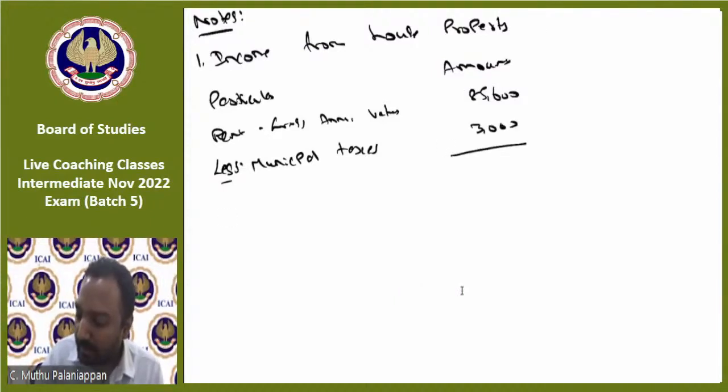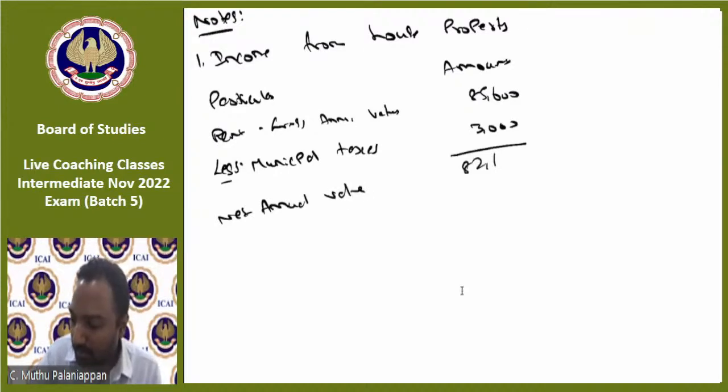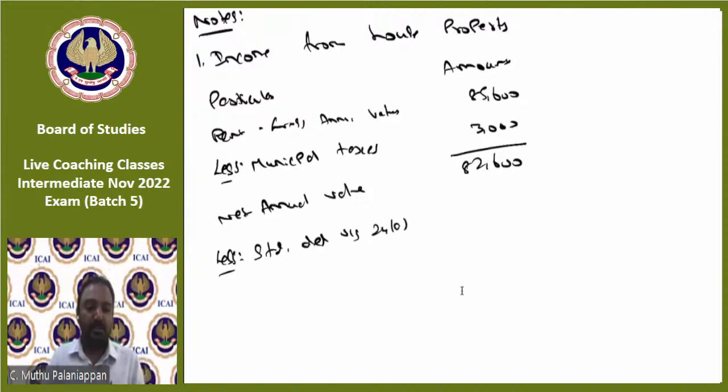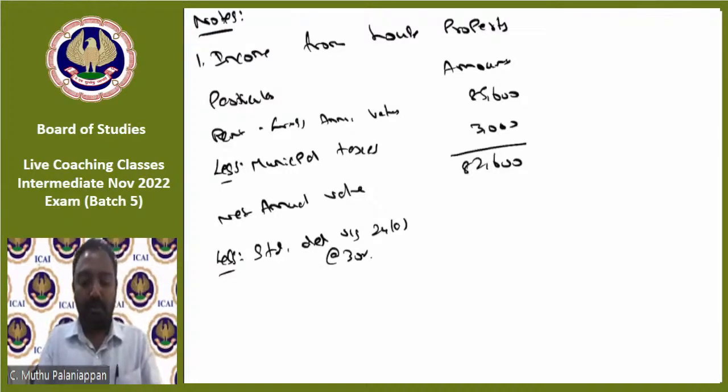So my net annual value is 82,600, less standard deduction under section 24A. That is your 30%, correct? So at 30%, you calculate 30% of 82,600. That is 24,780.